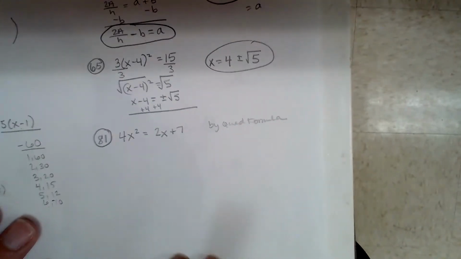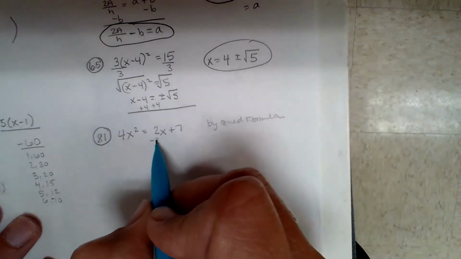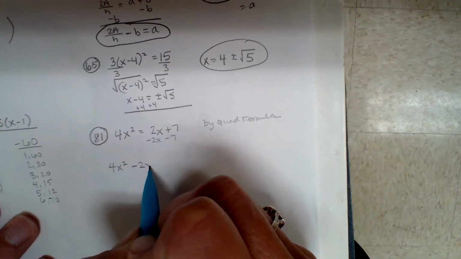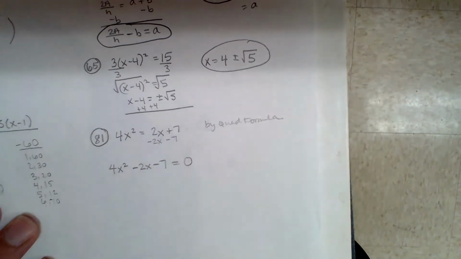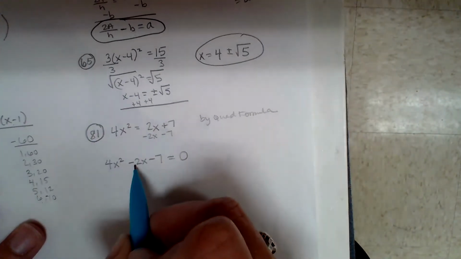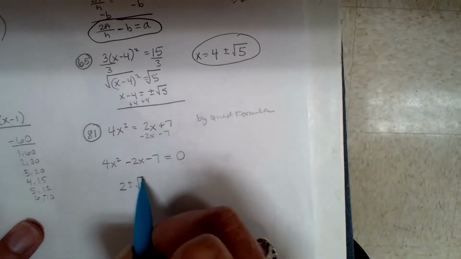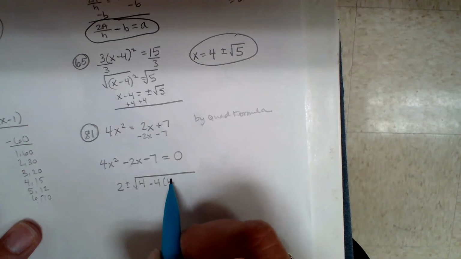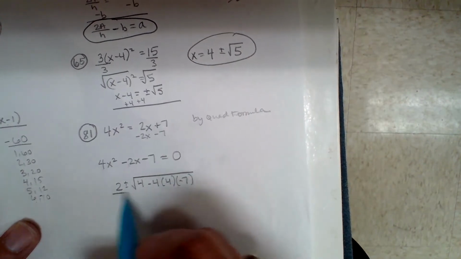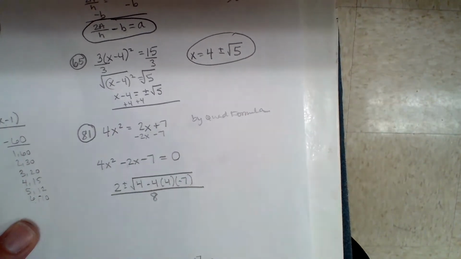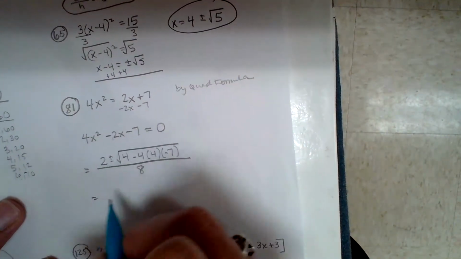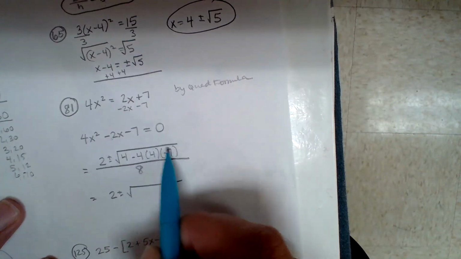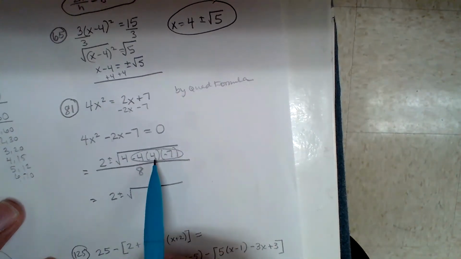81 wanted it by the quadratic formula, so we need to get it equal to 0, so subtract each of these over. So 4x squared minus 2x minus 7 equals 0. And the quadratic formula, so the opposite of b is 2, plus or minus the square root of b squared, that number squared is 4, minus 4ac, all over 2a, equals 2 plus or minus the square root of, now this is a 4 plus something.